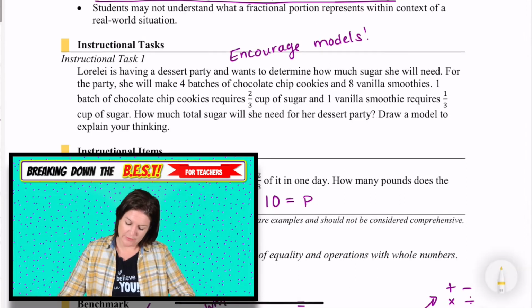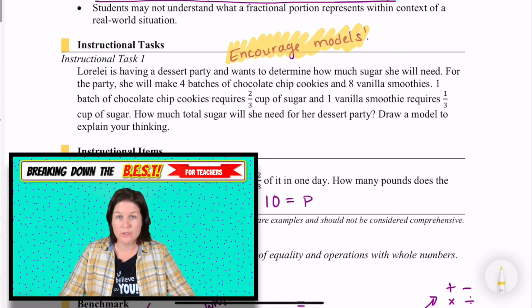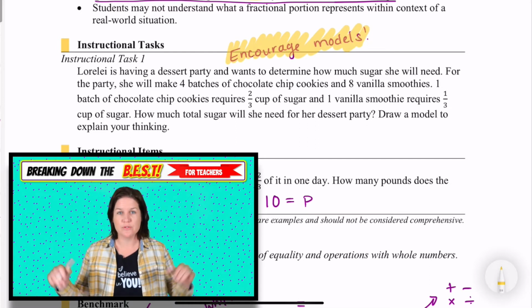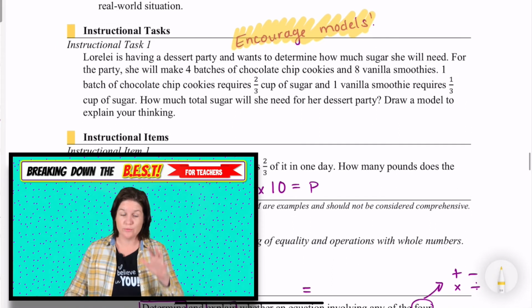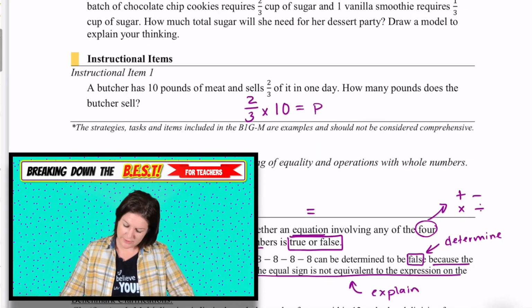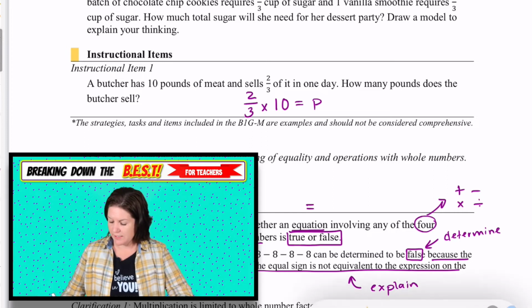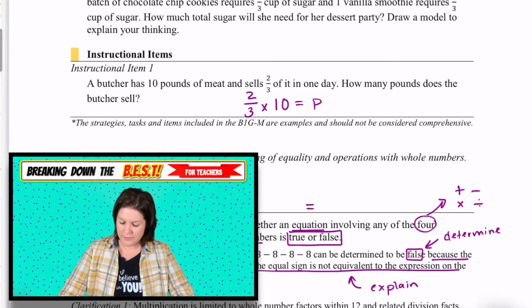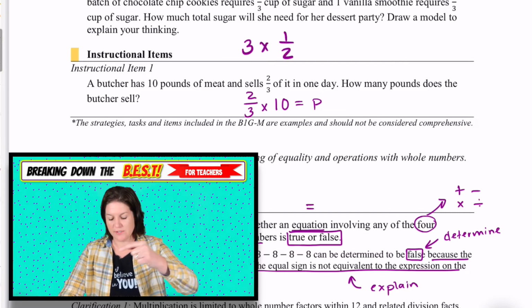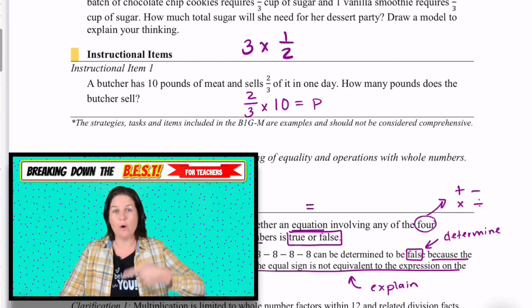Even here, for this kind of task, encourage models. Draw models using fraction bars or models using number lines. Whatever you need to do to showcase what's going on. And this example I just wanted to show because a lot of times it's, in my opinion, easier to model a whole number times a fraction, and it's a little bit more challenging to model a fraction times a whole number.